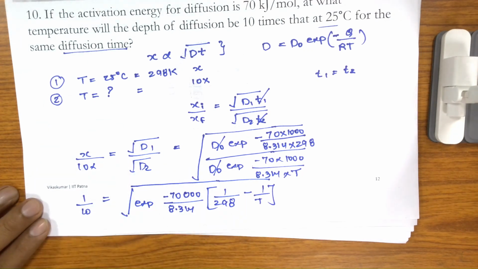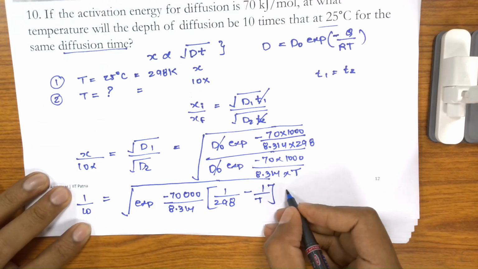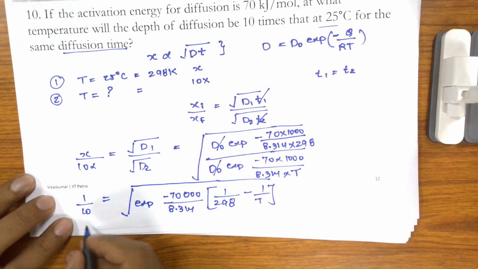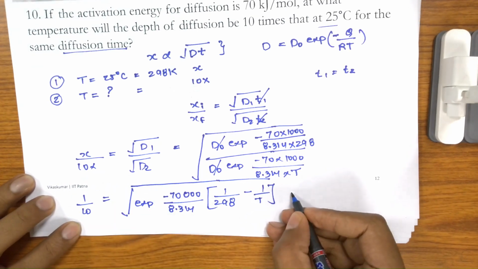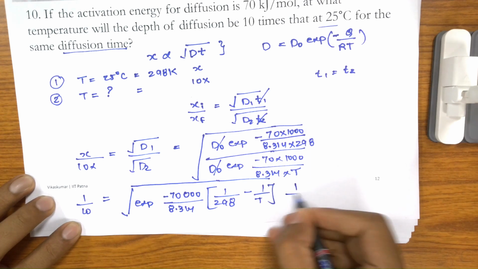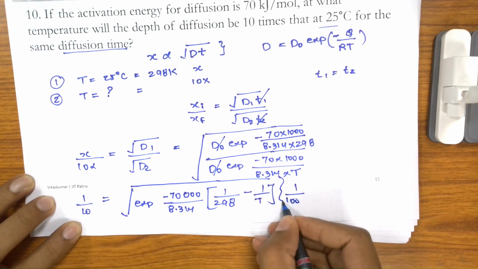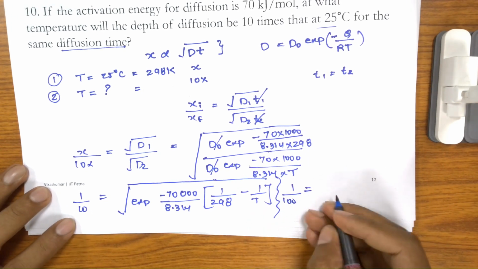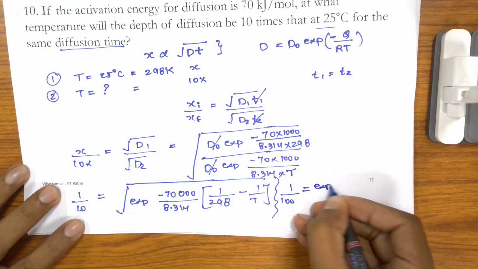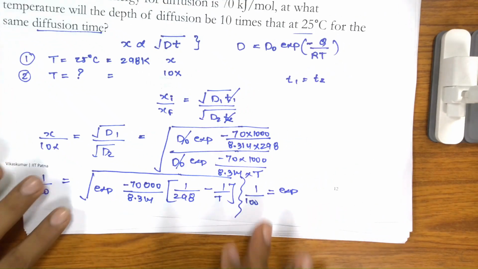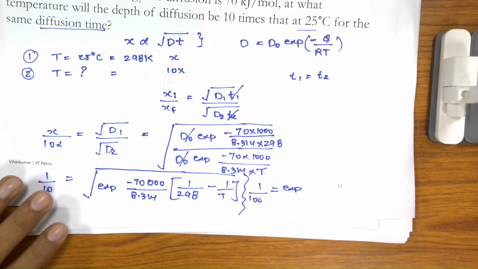We can square both sides. So what we will get from here is that 100 is equal to the exponential of, okay, let's not solve it any further.